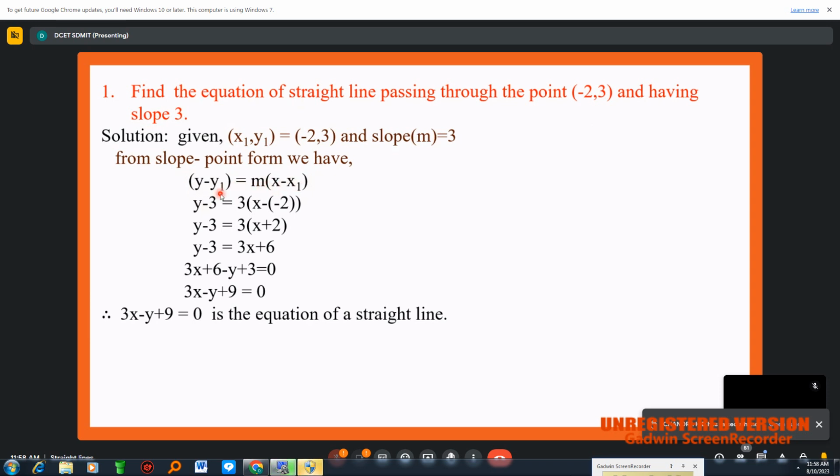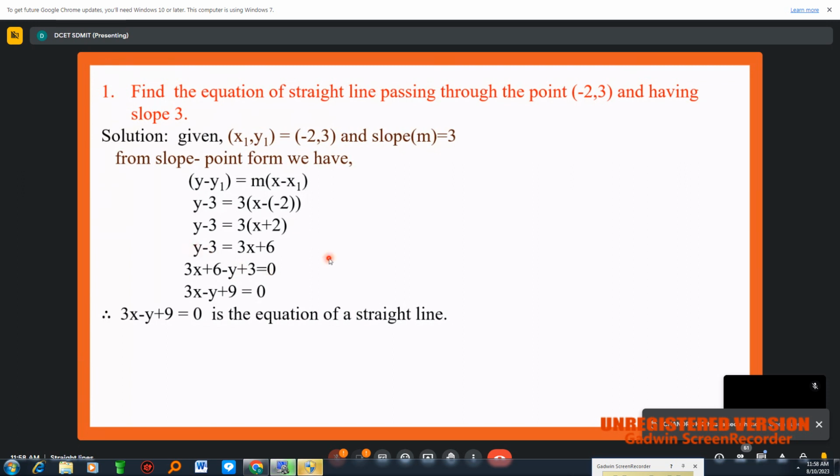Y minus y1 ಅಂದ್ರೆ ಏನಿದೆ y minus 3 is equal to m value 3 into x minus x1 value you will get it as minus 2. So now this is y minus 3 is equal to 3 into x into minus it is plus 2. That is y minus 3 is equal to 3 into x, that is 3x plus 3 into 2 it is 6.